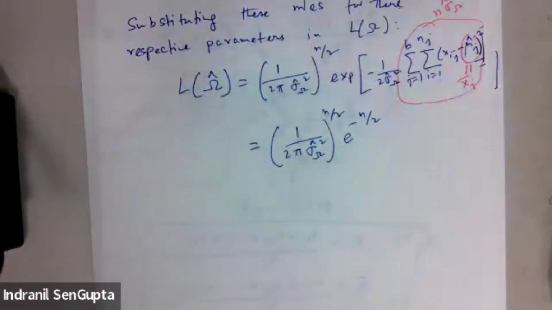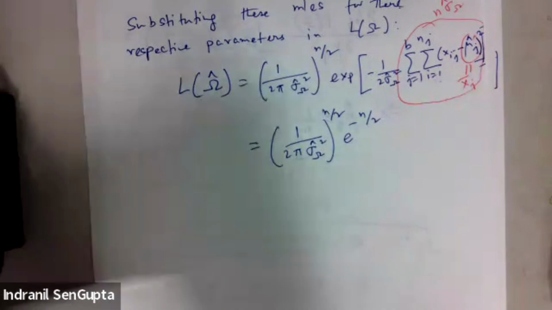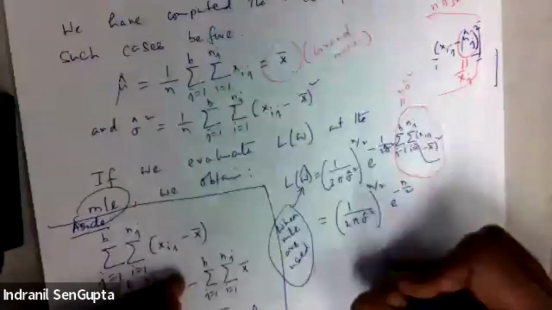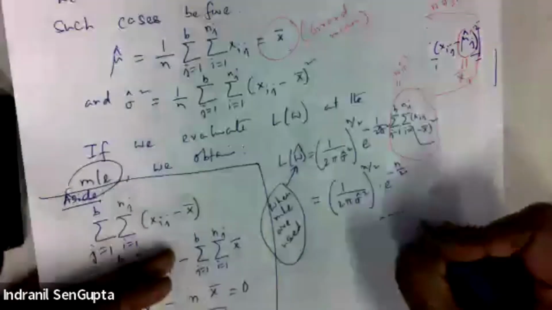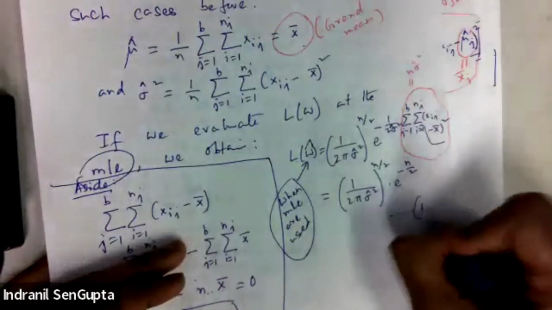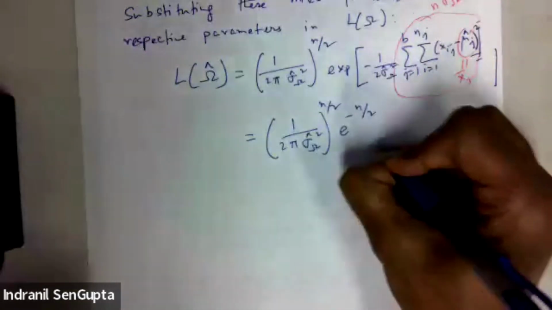Let's now label this. We have computed L of omega hat before. So let's call this 1, and let's call this 2.